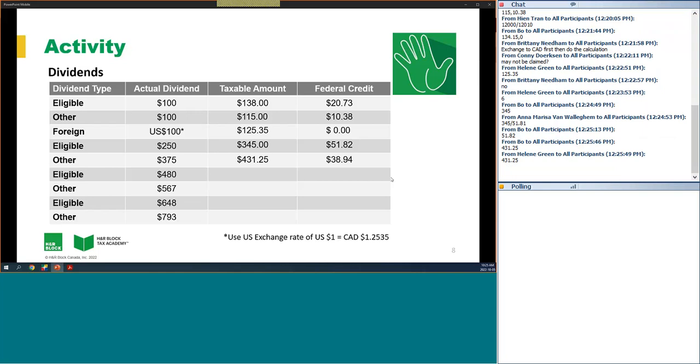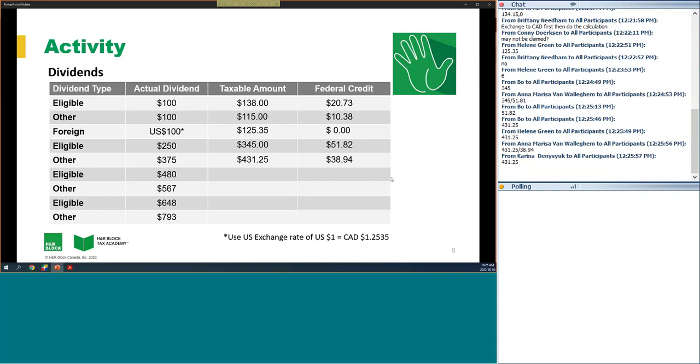Dividend tax credit should be $38.94 with the rounding. In this case, we're not going to round up because the decimal after it is a 2.